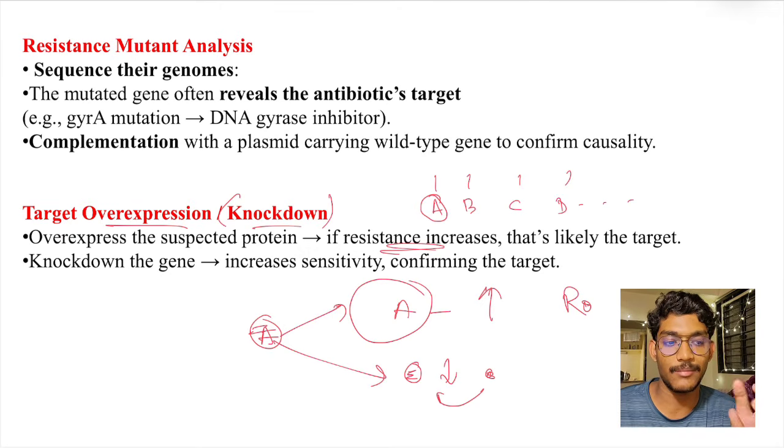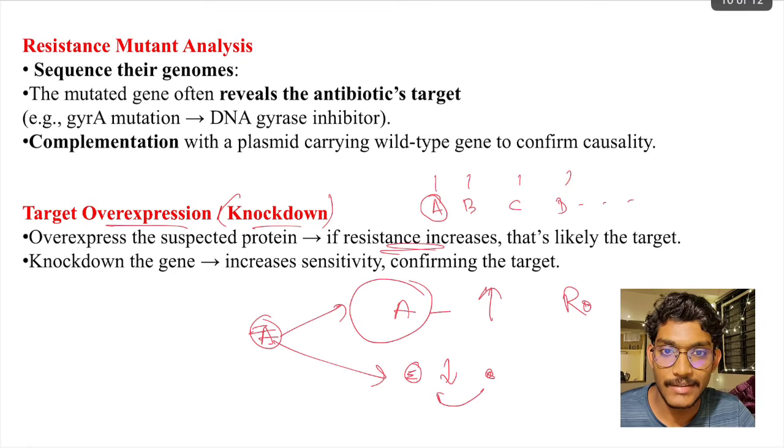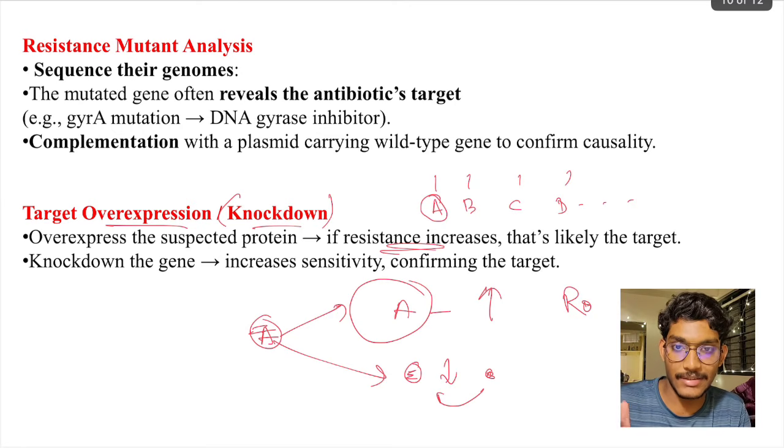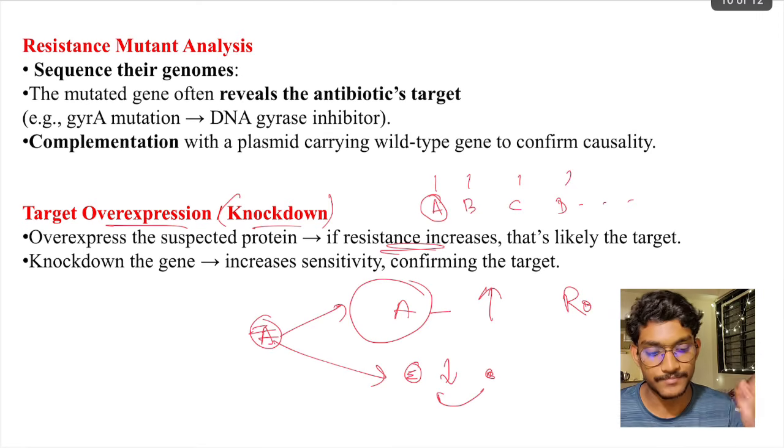So by overexpression or knockdown experiments we can validate which of the 10 proteins we are initially suspecting is correct. If overexpression makes the bacteria resistant and knockdown makes the bacteria more sensitive, then we can confirm that this is the target of that particular antibiotic.